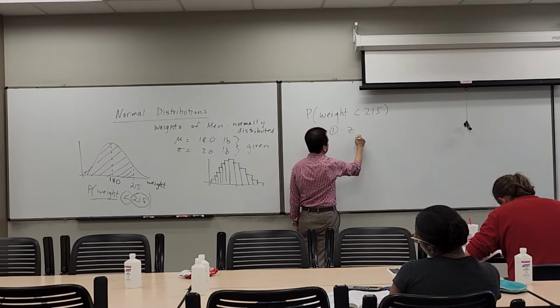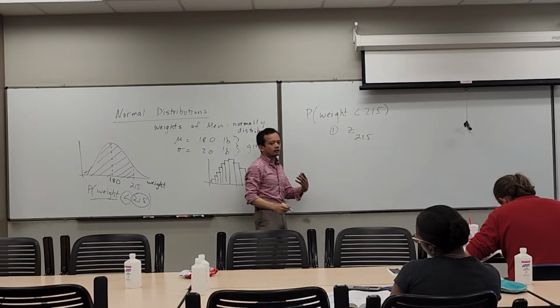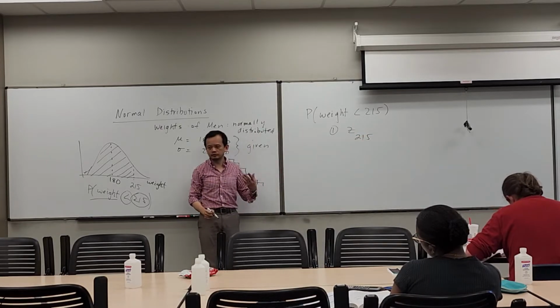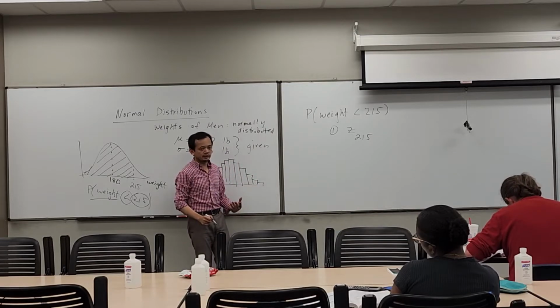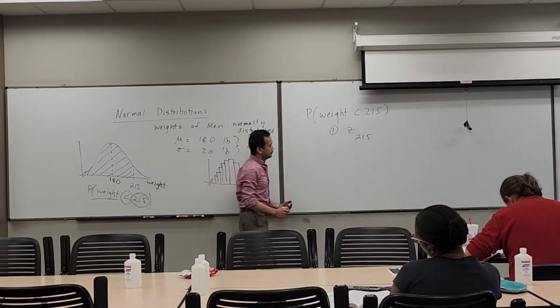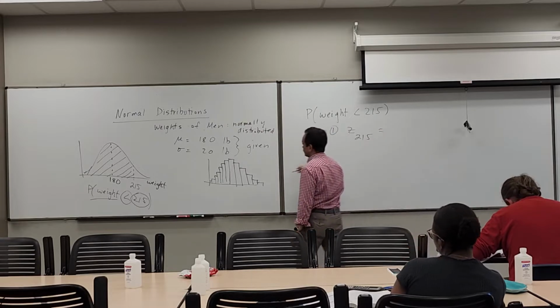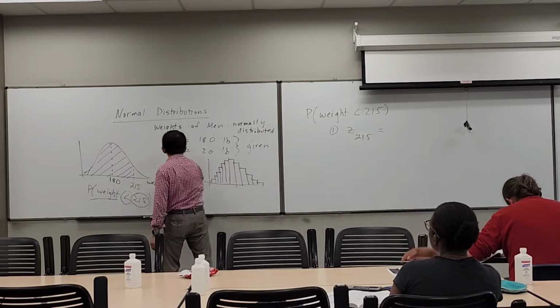So we want to find the z-score of 215. And remember we said the z-score of the data point was the number of standard deviations that data point is away from the mean. So we first find the number of pounds this data point is away from the mean by just subtracting them.